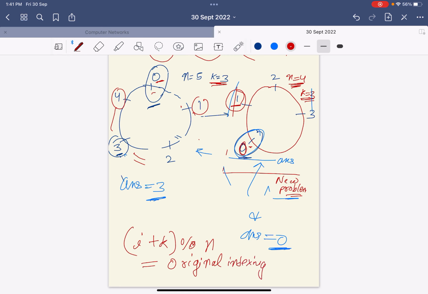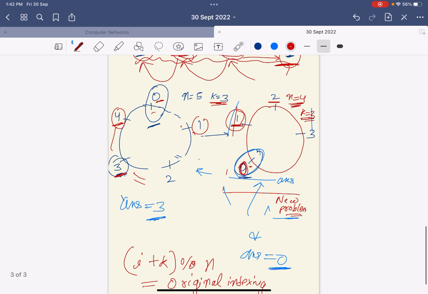Add 3 to this 0. 0 plus 3 is 3. So this original index is 3, and 3 modulo 5 is 3. So add 3 to this 1. 1 plus 3 is 4. So the original index was 4. Add 3 to 2, you will get 5, and 5 modulo 5 is 0.